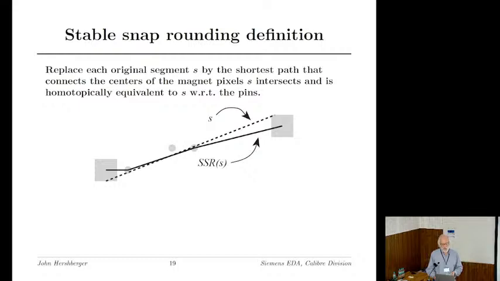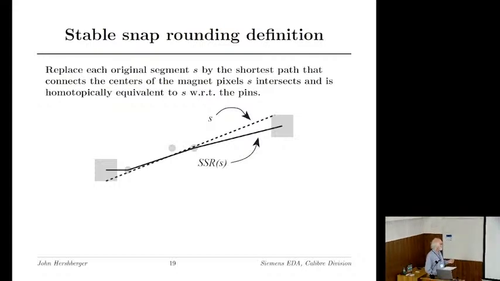In stable snap rounding, a segment is forced to go through the centers of the magnets it contacts, but it's only constrained not to pass over pins. In this example, the dashed segment is our input segment. It contacts magnets at the left and right, and it passes through a channel between the pins, and as it snaps to the centers of the magnets, it wraps around the pins, but it is not required to touch every single pin.